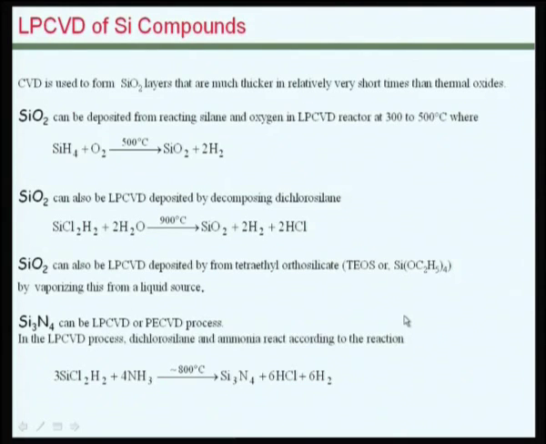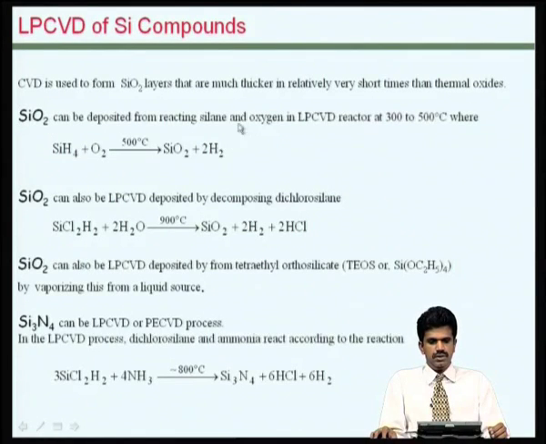It is possible to use low pressure CVD techniques for depositing silicon dioxide from silane or from dichlorosilane or even from TEOS. It is possible to deposit silicon nitride by either LPCVD or PECVD techniques.